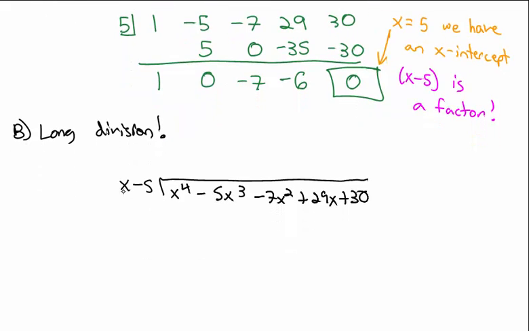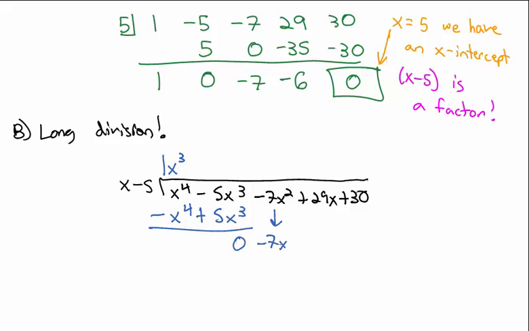So if we divide it out, x goes into the x to the 4th, x cubed times, we'll say 1x cubed times. Multiplying 1x cubed times x minus 5, we get x to the 4th minus 5x cubed. Changing the signs so that we can combine, we get 0.